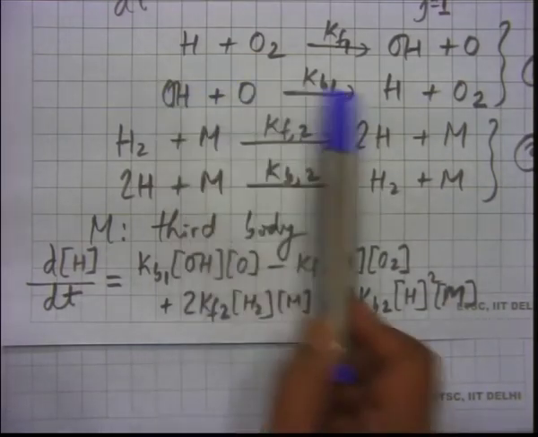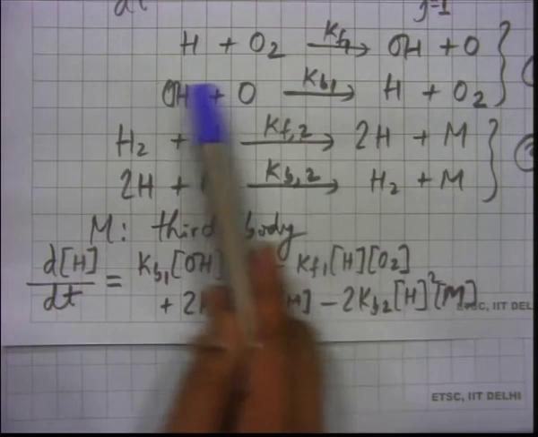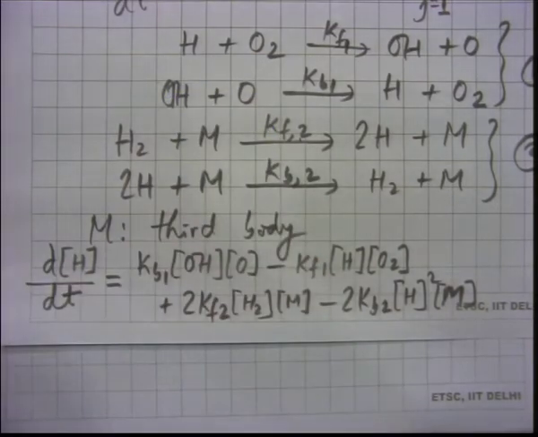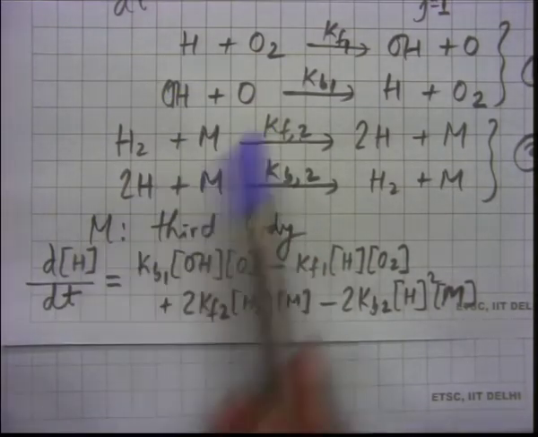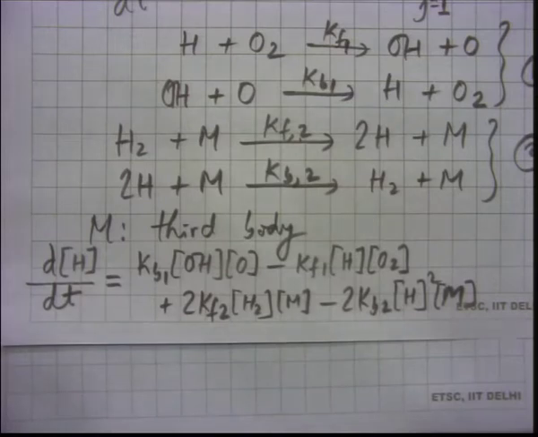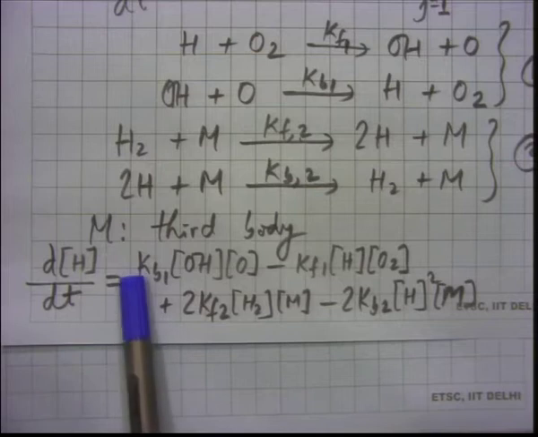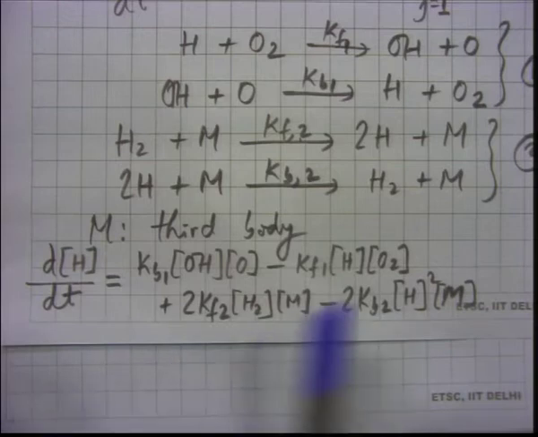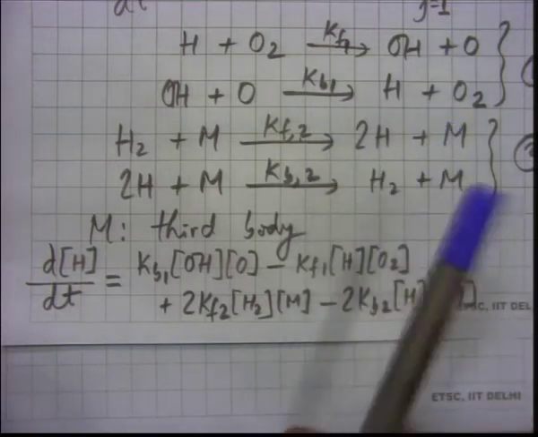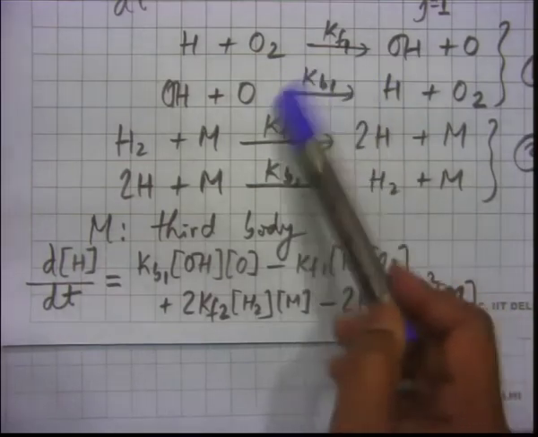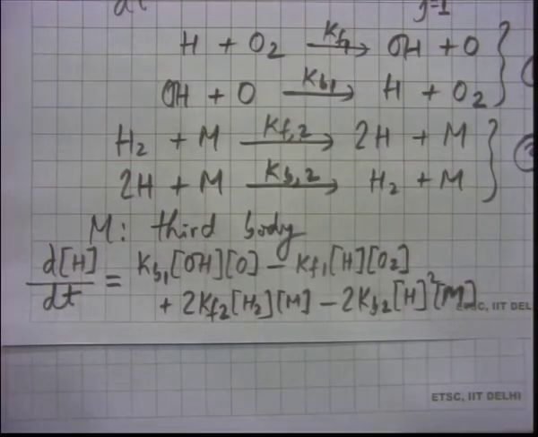So, the second reaction will give you Kb1 into OH into O, which will be d[H]/dt, because the second reaction is producing H. So, that is d[H]/dt through the second reaction. That is why it has got a positive sign here, it is not negative. Now, in the first reaction, which is the reverse of the Kb1 reaction, you get minus Kf1 into H into O2. That makes sense?